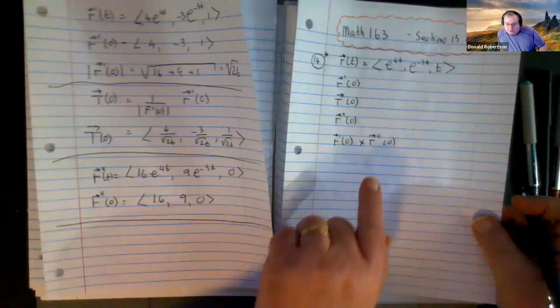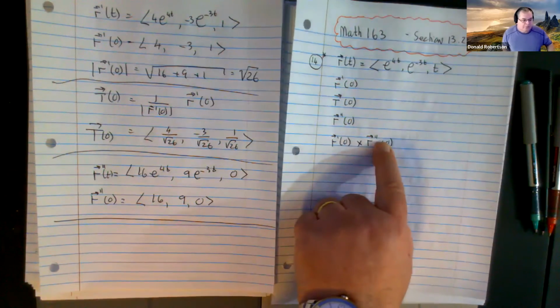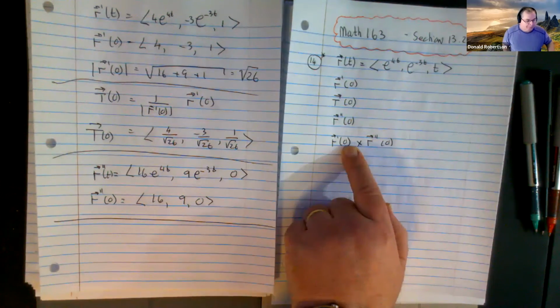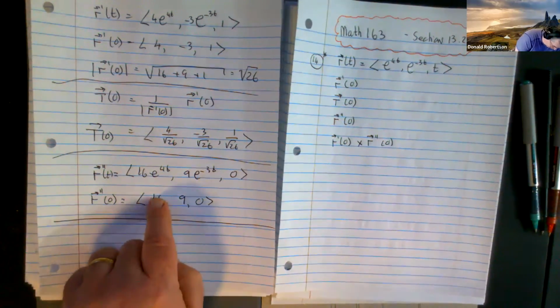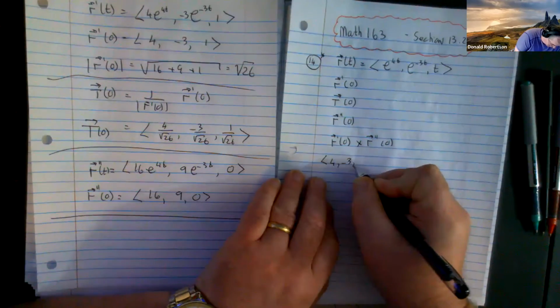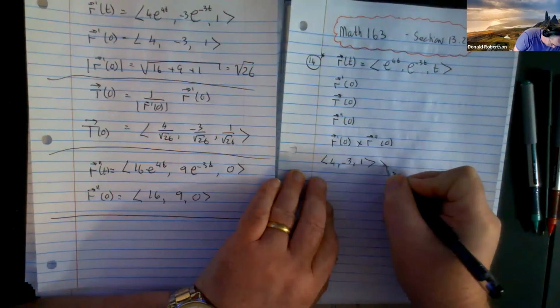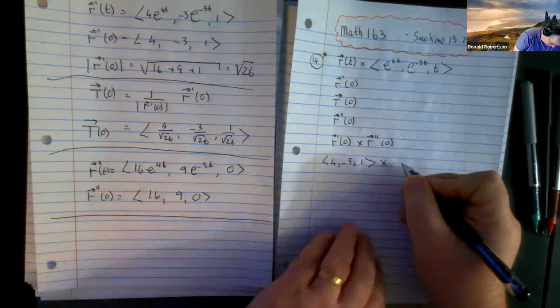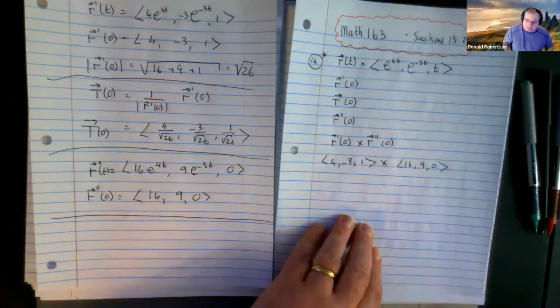And then you finish with a cross product. And for these two, we can use that guy and that guy. So we're going to find the cross product of 4, negative 3, 1 with 16, 9, 0. So I can do it with numbers.